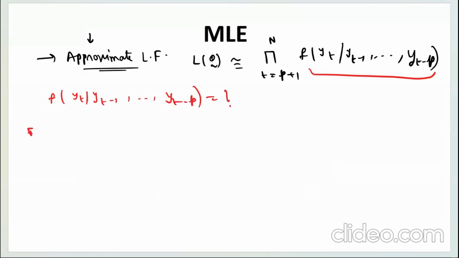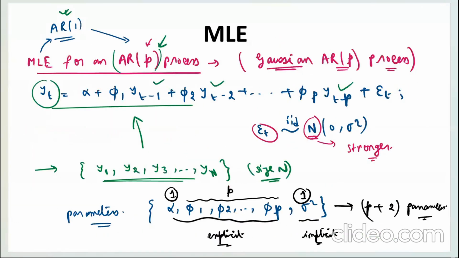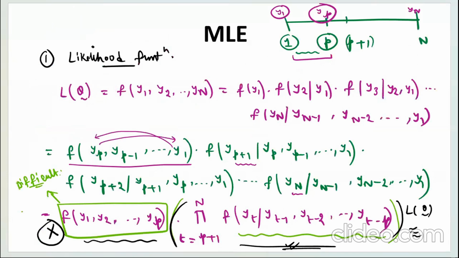So again, do the same thing, find out the expected value. For that, check the distribution. Here the given values are yt minus 1, yt minus 2, up to yt minus p, so the expectation will be only on the epsilon t. The expectation of epsilon t given all these yt's will be 0.